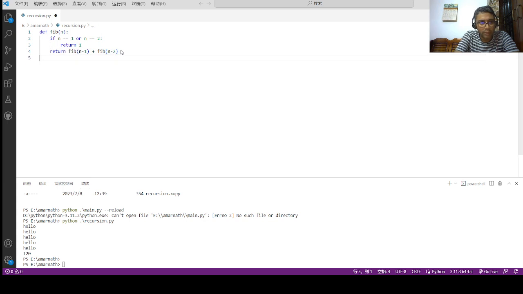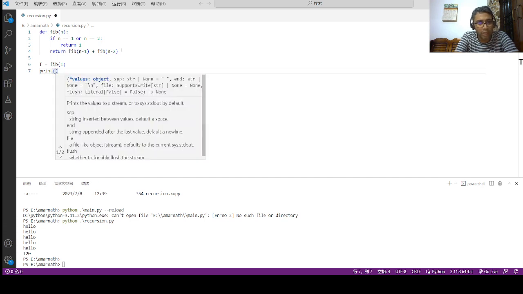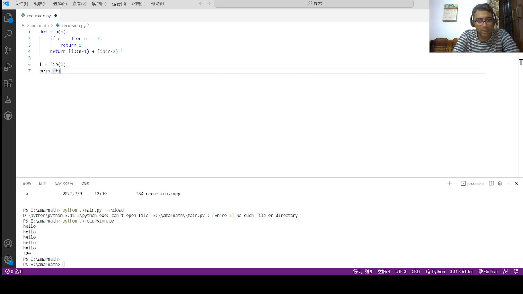Okay. So let me call f equal to fib of, let me start passing 1. Let me print it. I'm using Python. You can also use a different language, or you can use C. I prefer Python. And as a beginner, I suggest you use C programming.